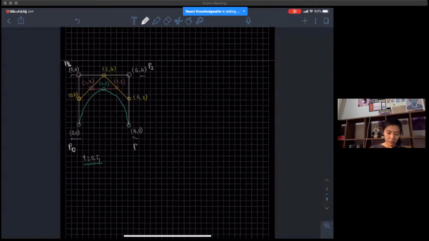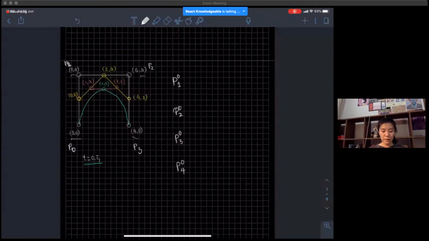And we have referred to them as the zeroth generation. So P0 of 0th generation, P1 of 0th generation, P2 and P3 and so forth, right? So these are our 0th generation points.